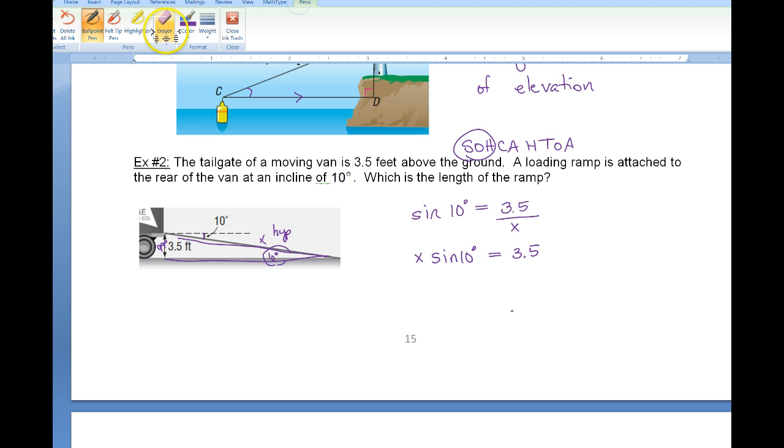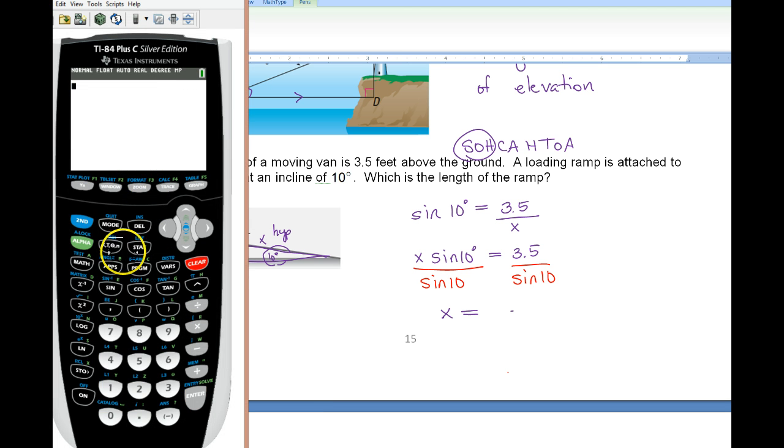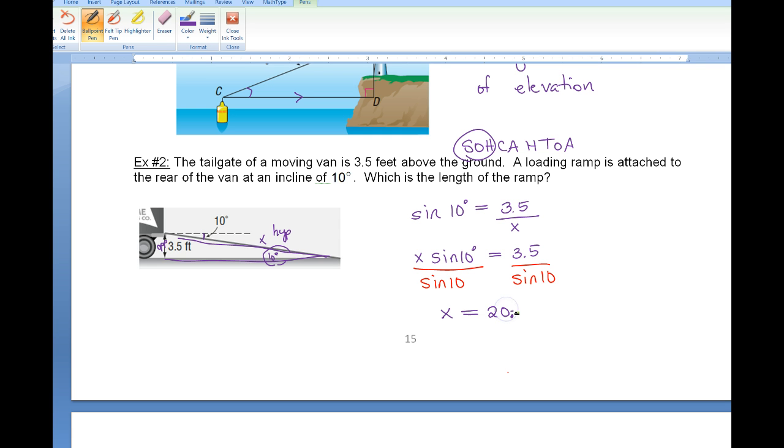And then we have to divide both sides by sine of 10. So I have x equals 3.5 divided by sine of 10, and we get about 20.2. So it's going to be 20.2 feet.